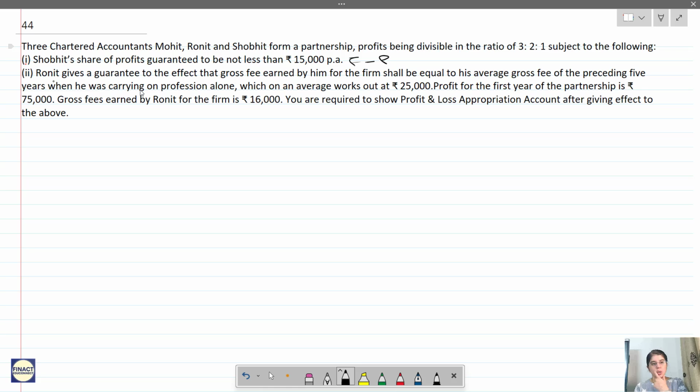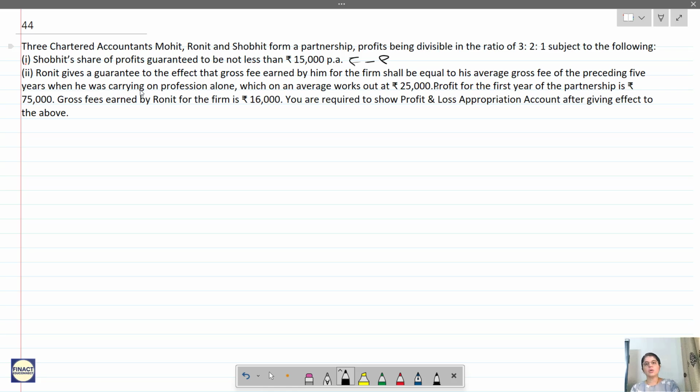Okay. Ronit gives a guarantee to the effect that the gross fee earned by him for the firm shall be equal to his average gross fee of preceding 5 years when he was carrying on profession alone, which works out to 25,000.